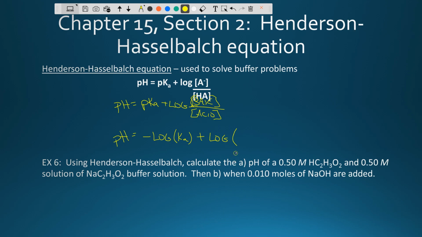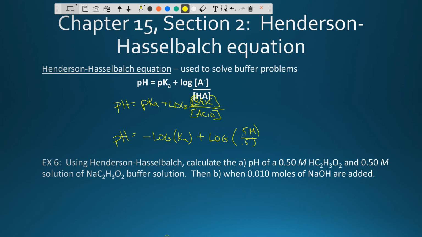Well, I saw that I had a 0.5 molar, and then I have a 0.5 molar. So if I just do that, that's a log of 1, which is 0, and then the pH would be the negative log of my Ka value.